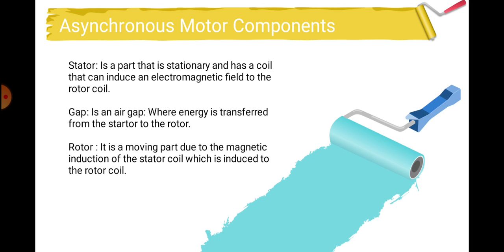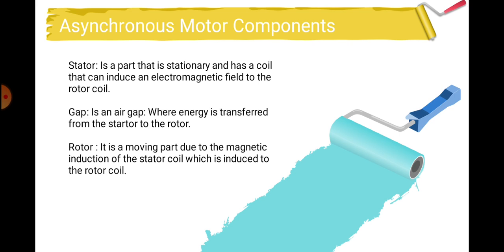Induction motor components. Same as a synchronous motor, they have a stator and rotor, but the induction motor has more components, namely the gap. The stator is a part that is stationary and has a coil that can induce an electromagnetic field to the rotor coil.